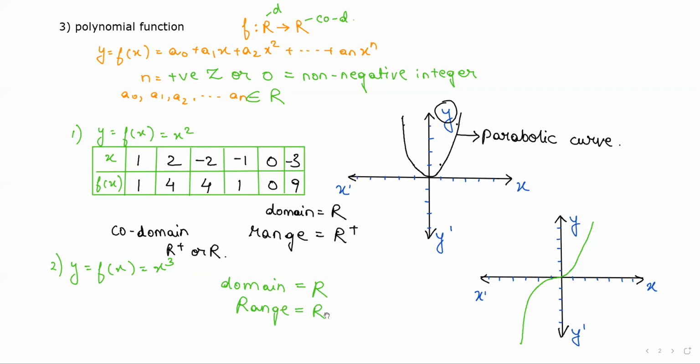You can define the domain and range in set builder form as well, instead of just writing it in the form of sets. These are standard sets that you're defining it as.